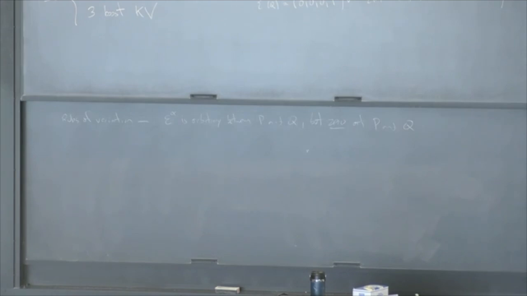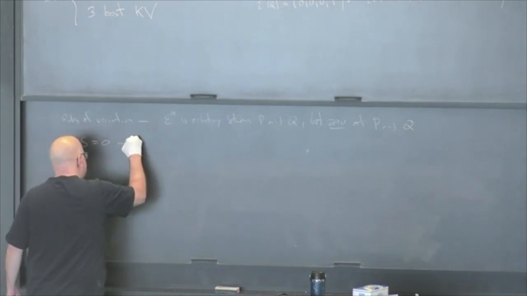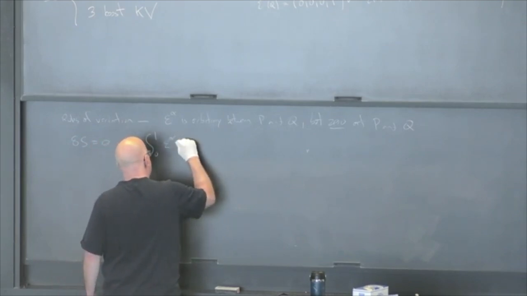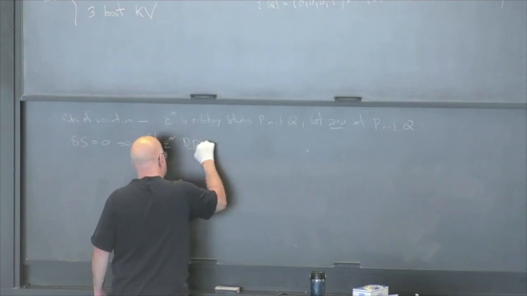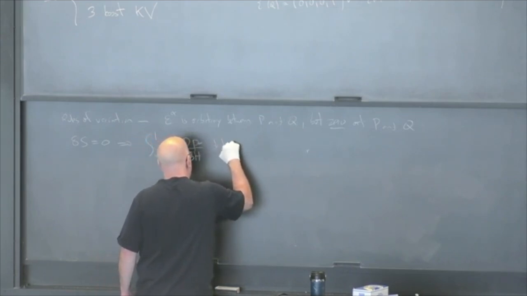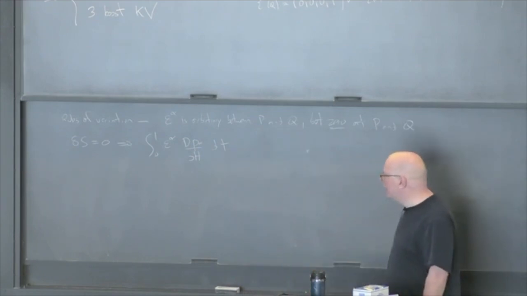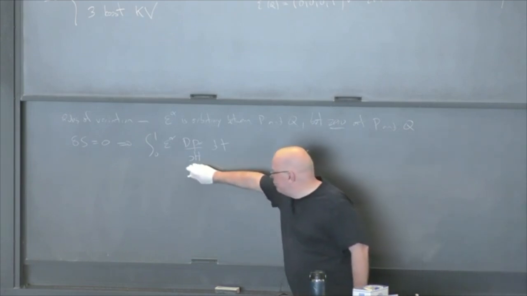And then we demand that ds be 0, that means that the integral has to vanish for an arbitrary epsilon. And the only way that this can happen, if we insist that epsilon is arbitrary, is for the thing itself that we're trying to integrate to be 0.